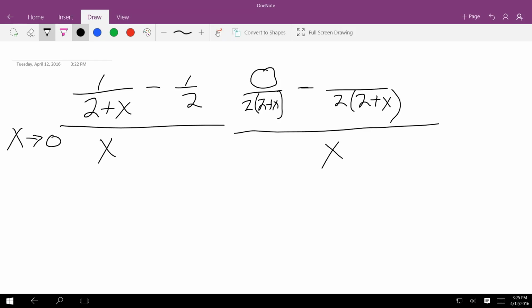Whatever you get, you multiply by this numerator. Would that be 2x? Just 2. Now look at this fraction and compare it with this fraction. Not different, right? The 2's would cancel and I would end up with 1 over 2 plus x.